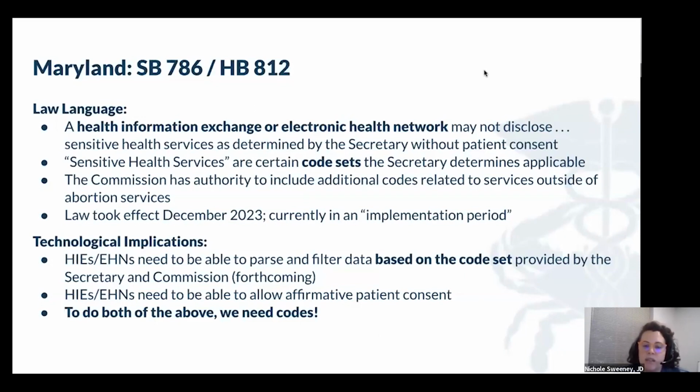So the way that this legislation was originally drafted, it included language similar to the California and now the finalized HIPAA rule, with just generalized reproductive information.